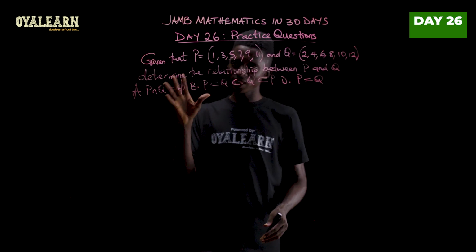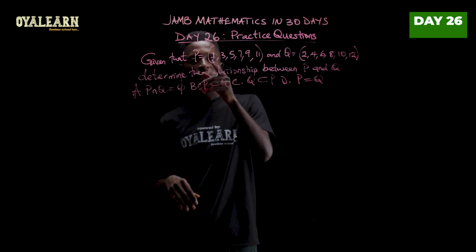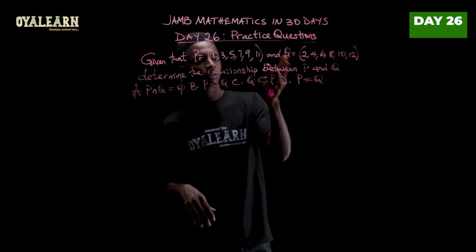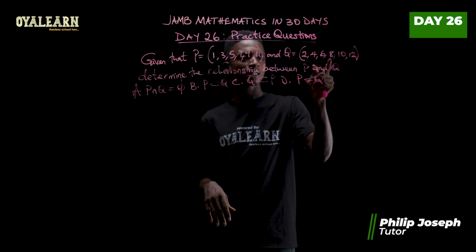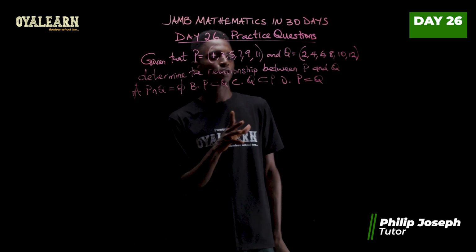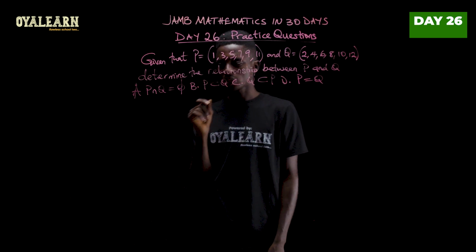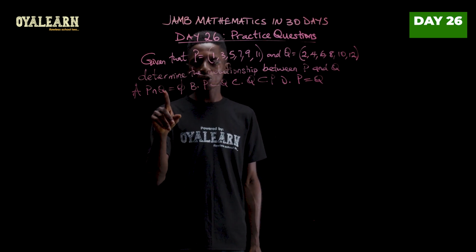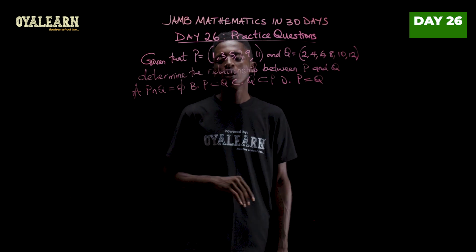Now this question says, given that P has elements in the set 1, 3, 5, 7, 9, and 11, and the elements in set Q are 2, 4, 6, 8, 10, and 12. So we have to determine the relationship between P and Q. So we see different options here. Option A is saying that P intersection Q is a null set, meaning they do not have anything in common.